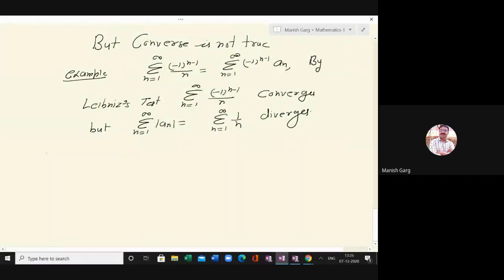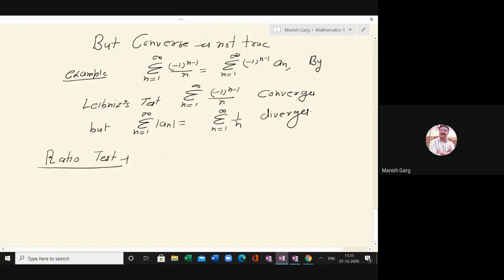Now we have more tests, that is the ratio test. Sometimes it becomes very easy to check the convergence of a series by ratio test or root test. So I am doing these two tests. First is the ratio test.